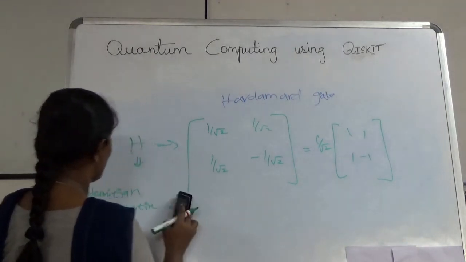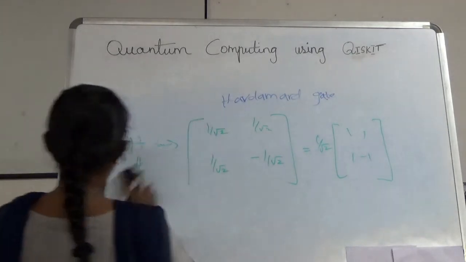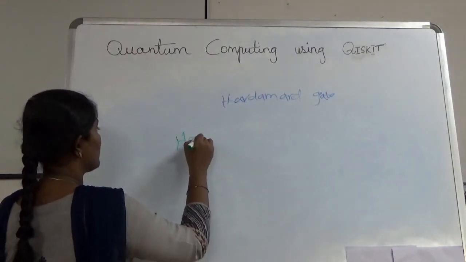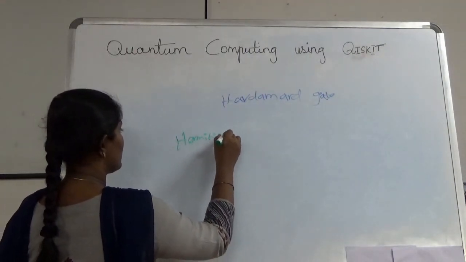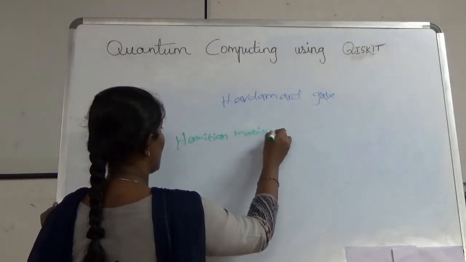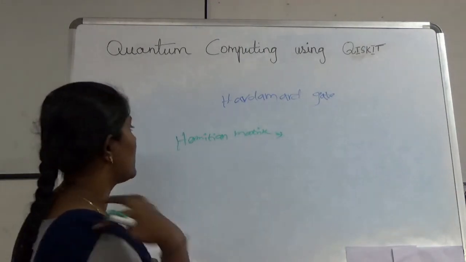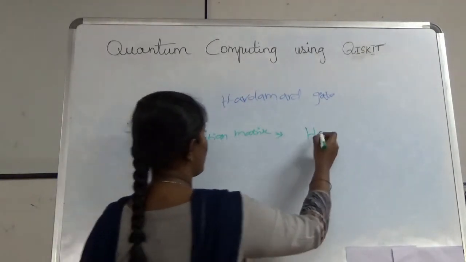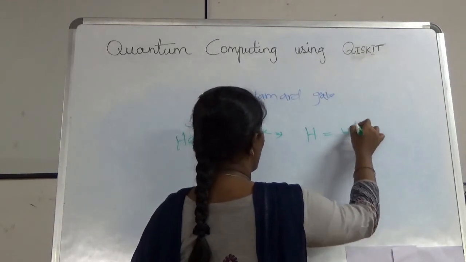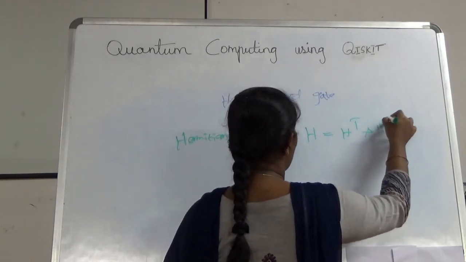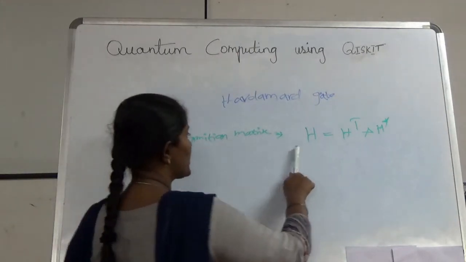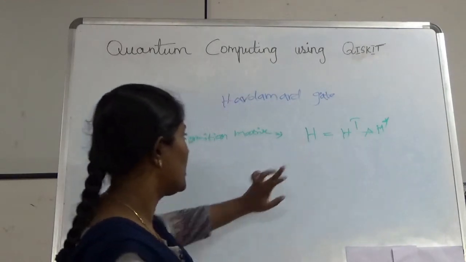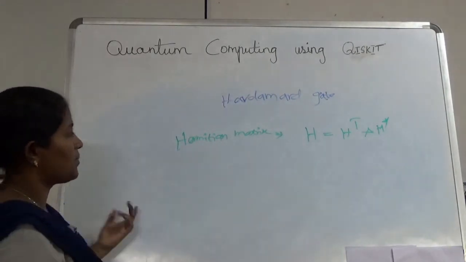A Hermitian matrix is nothing but this: if H is a matrix which satisfies the condition of being equal to its H transpose and H conjugate, then the matrix is said to be a Hermitian matrix.